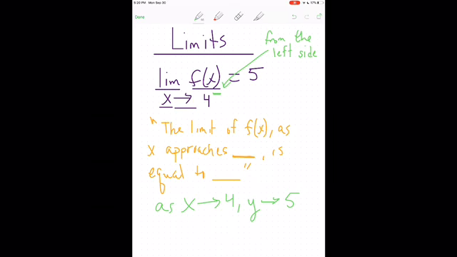Or where are my x values negative? Right, it's all the way to the left. Okay, and then on the other side, if this was a positive right here, this would mean from the right side. Okay, because where are my x values more positive? The further you go to the right. Okay, so as x goes to 4, my y value goes towards 5.